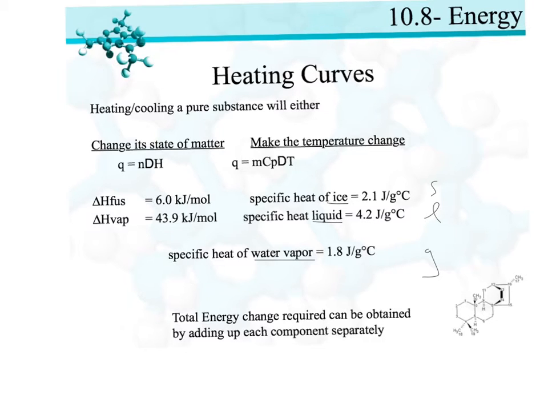Sometimes if it's a solid, it's 2.1. Ice absorbs heat at a different capacity than liquid. Ice doesn't take as much energy to change the temperature. And then the water vapor, being 1.8, is really easy, changes temperature very quickly.